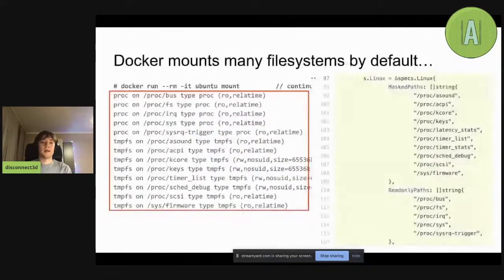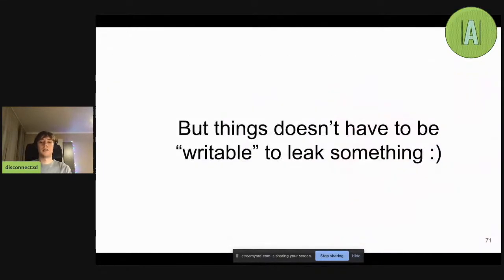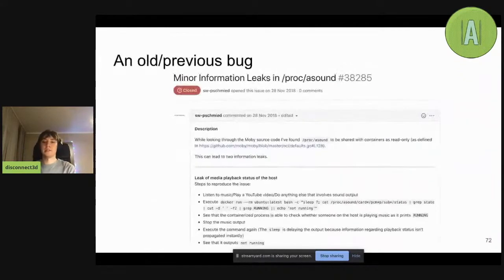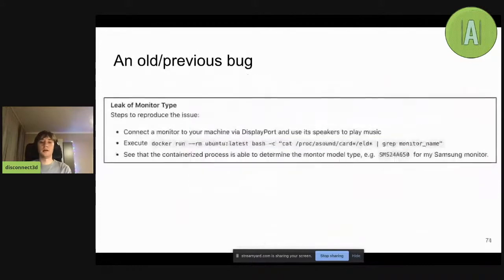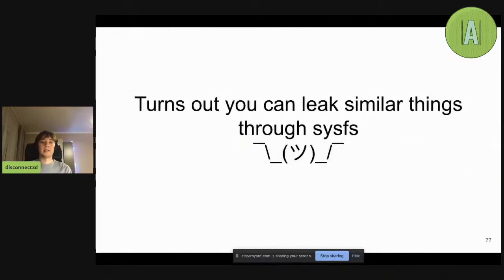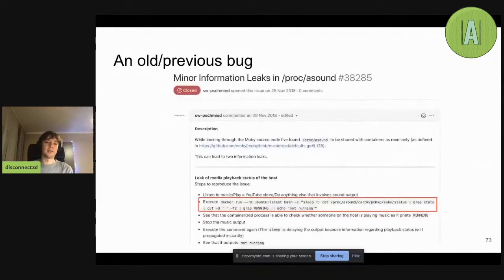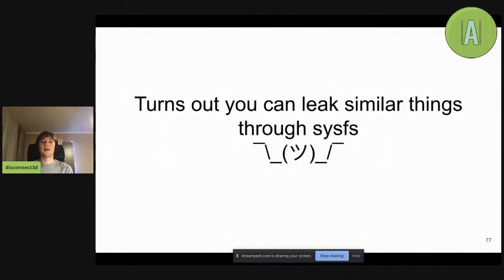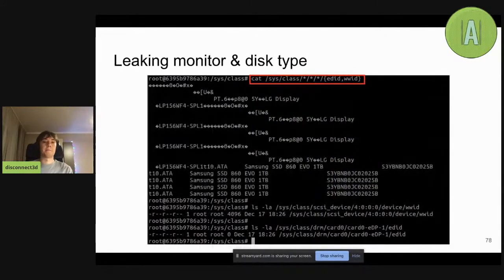But I also said that a lot of those mounts are readable, and we don't really need them to be readable to leak something, as you could see here. You could actually leak similar things to those reported and fixed already through the sysfs file system. And I believe this bug is still not fixed in Docker, but I didn't check in the latest versions.